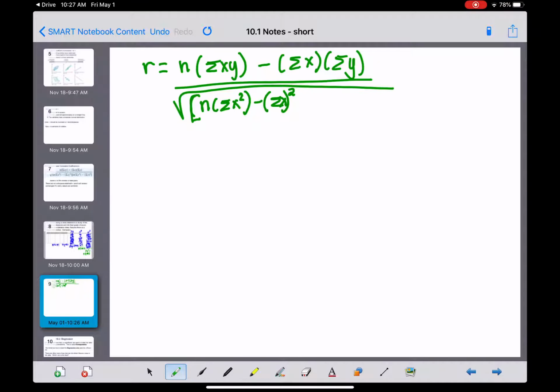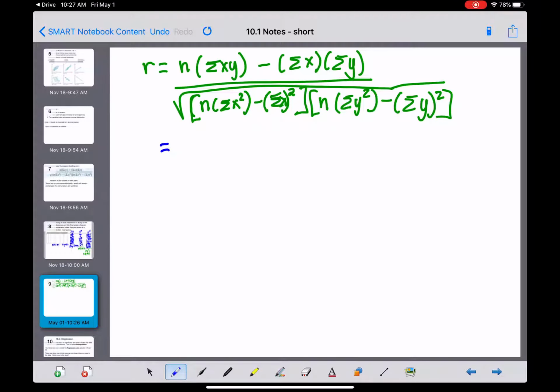So remember that that's two different things. And then n times the sum of the y squareds minus the sum of the y's squared. Okay, so there's a lot going on there.